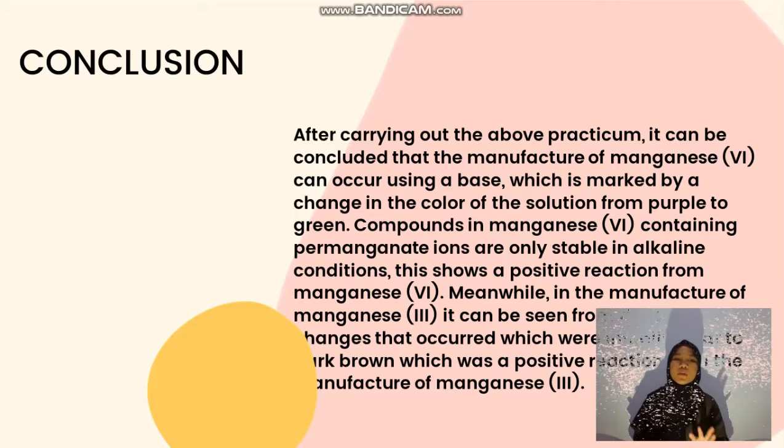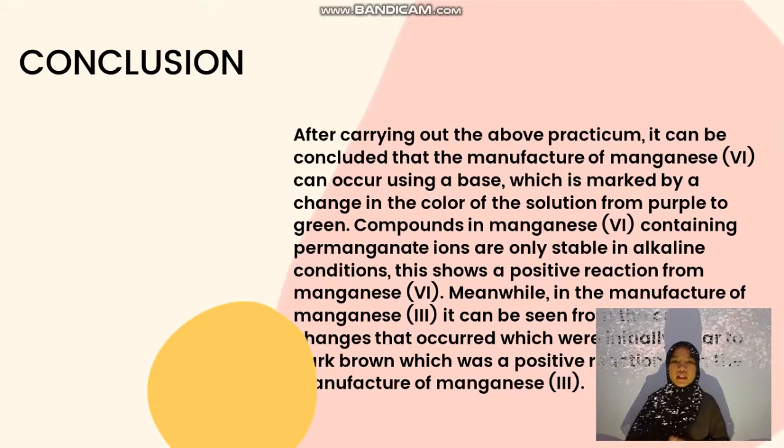This shows a positive reaction from manganese 6. Meanwhile, in the manufacture of manganese 3, it can be seen from the color change that occurred, which was initially clear to dark brown, which was a positive reaction from the manufacture of manganese 3.